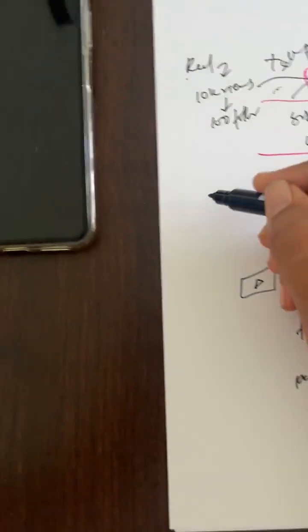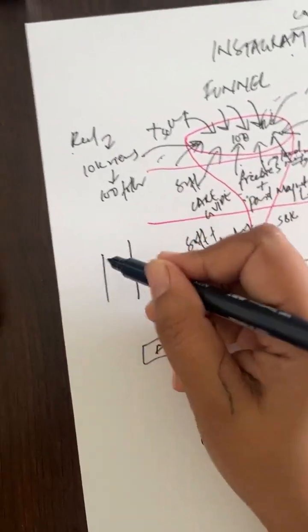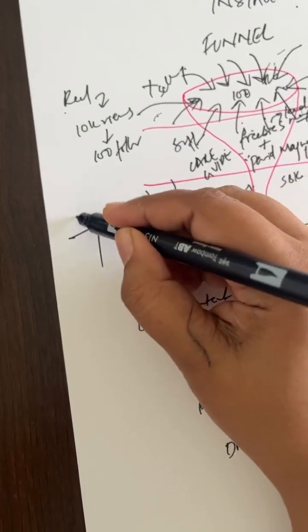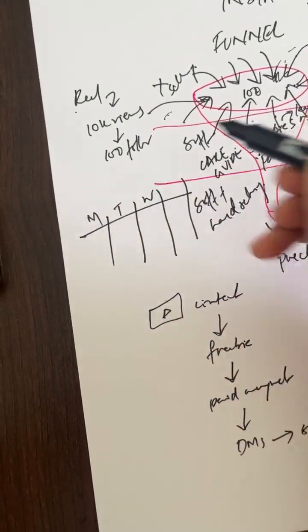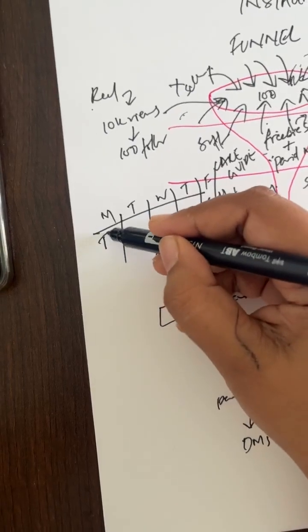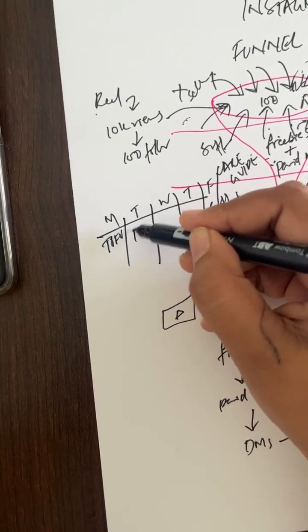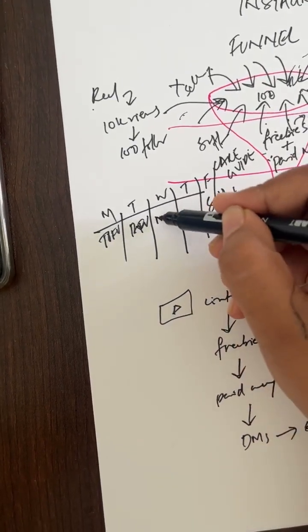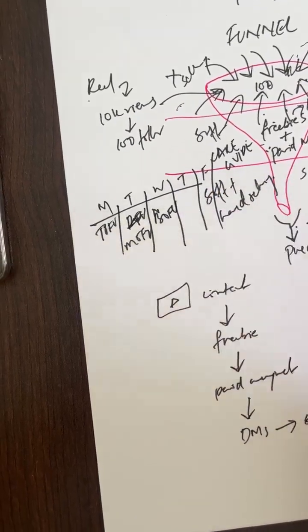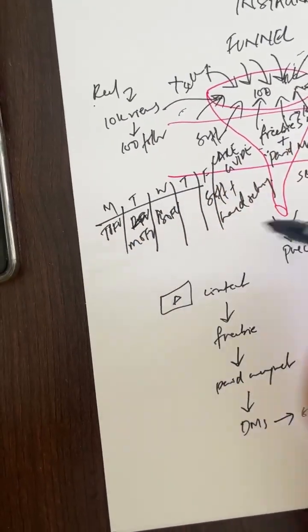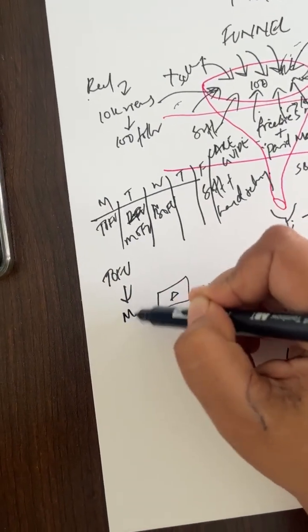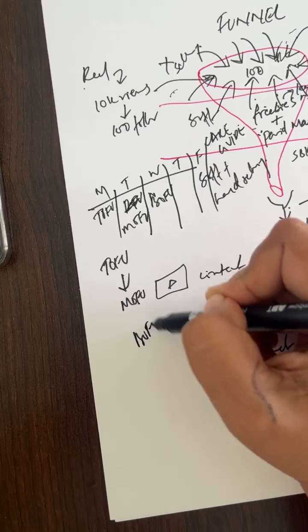So when you're creating a weekly calendar, and you're planning to post 5 days a week, then on Monday it can be TOFU, then MOFU, and then BOFU, like that. Or if you're someone who posts multiple times a day, then it can be TOFU, then MOFU, then BOFU.